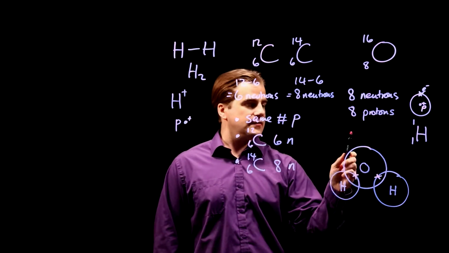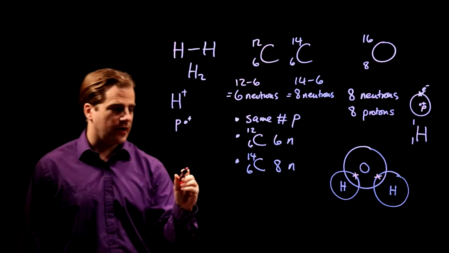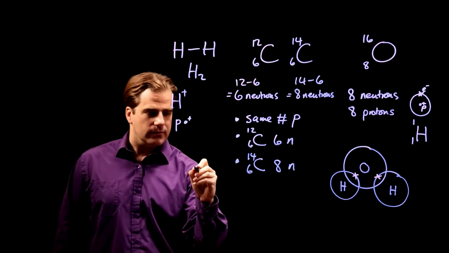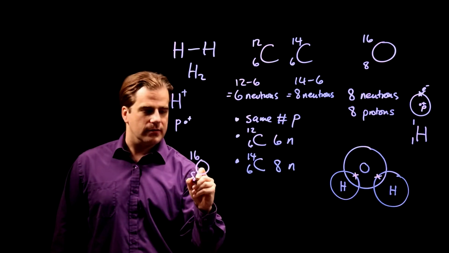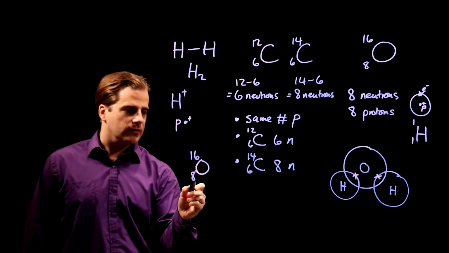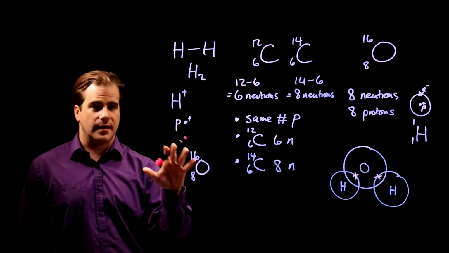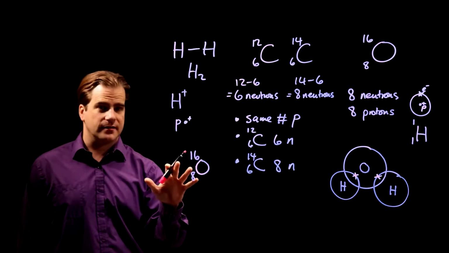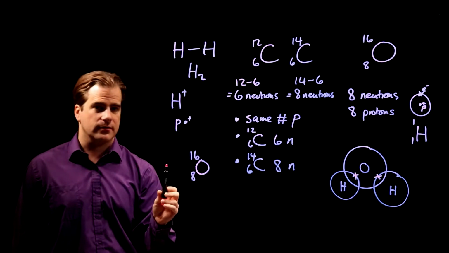Right, let's look at a single atom of oxygen by itself. Oxygen is 16, 8. So therefore, a neutrally charged, that means same number of protons and electrons, atom, not molecule, atom of oxygen by itself will have 8 electrons in total.